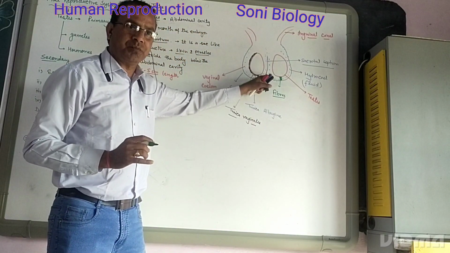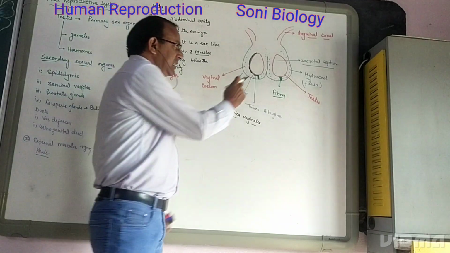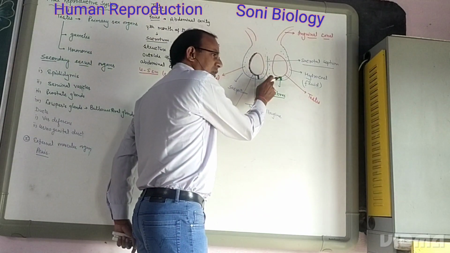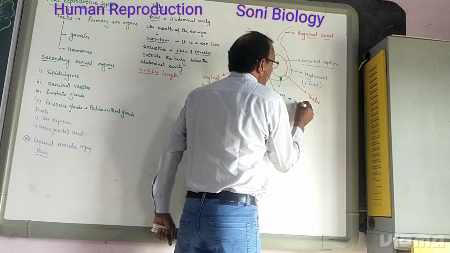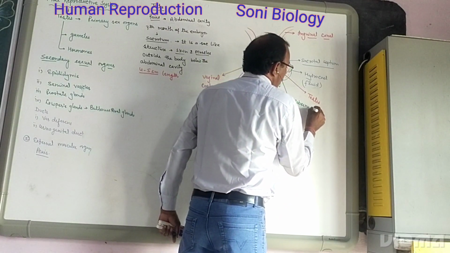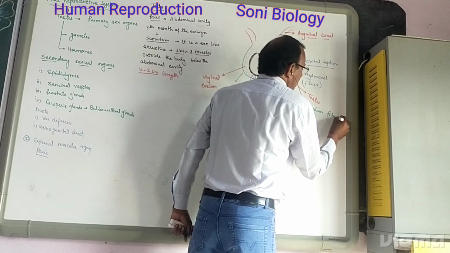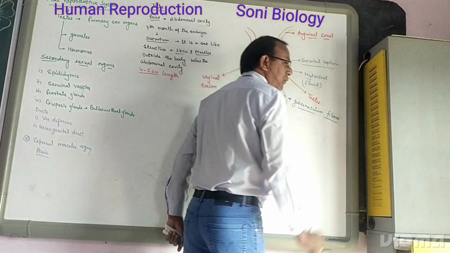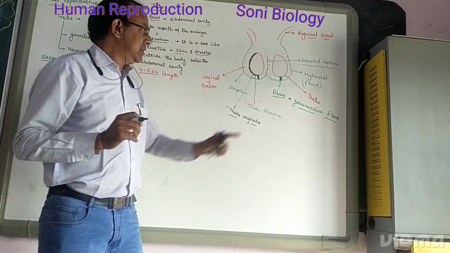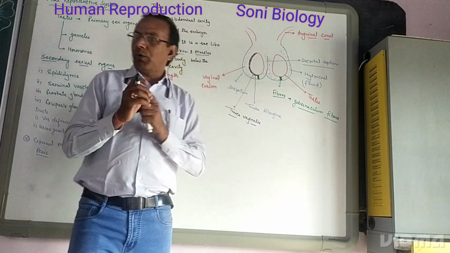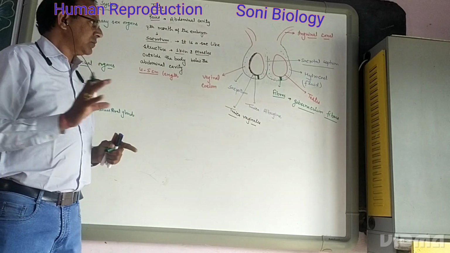These are called gubernaculum fibers. What is the role of gubernaculum fibers? They attach the testes to the scrotal sac so that they cannot change their position.